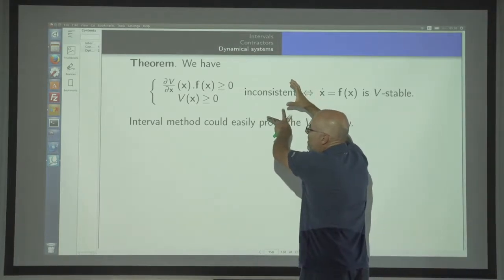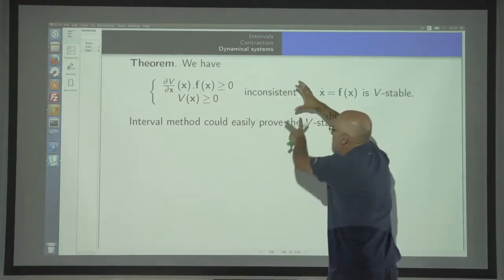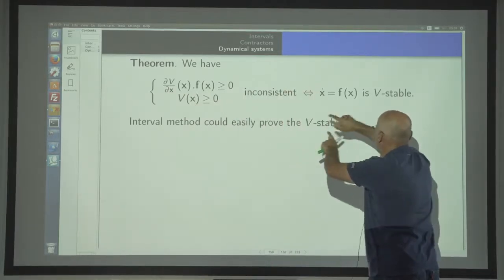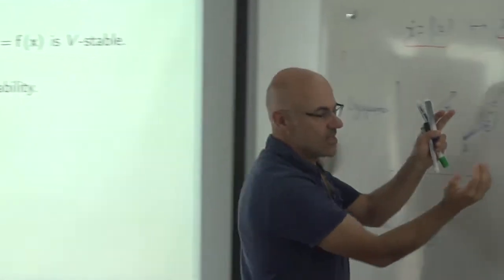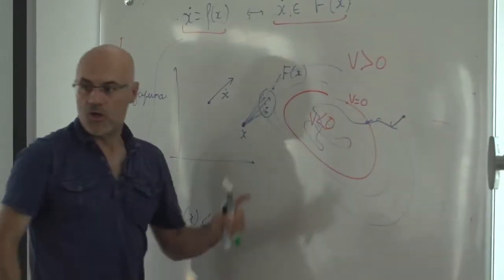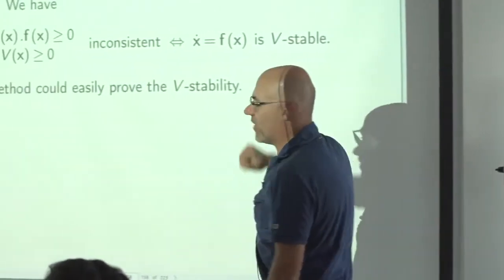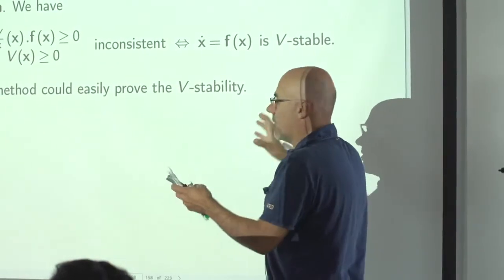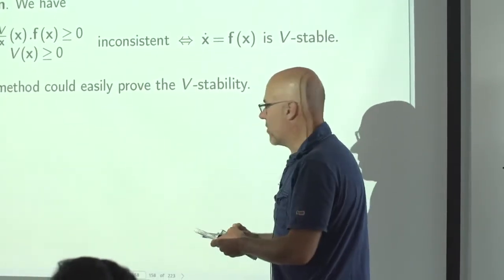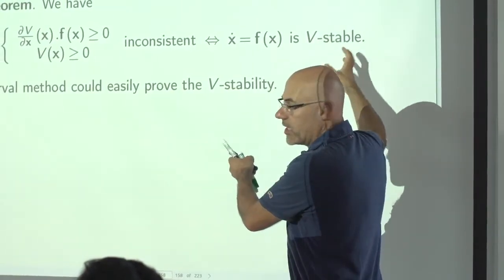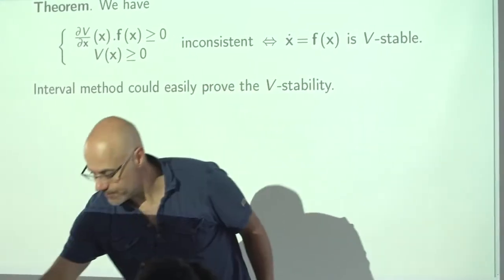If you have this set of inequalities, this corresponds to V dot. If this set of inequalities is inconsistent, then you will converge to this set, and once you are here, you will stay there forever. The problem is to find the function V, but for practical problems, we have a good intuition. We spend a lot of time on this, and we have a Lyapunov tool which makes it possible to prove some properties.